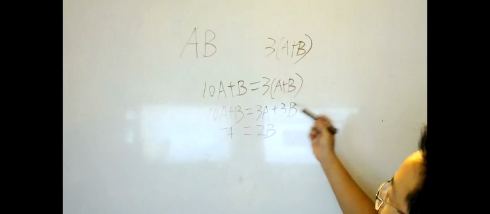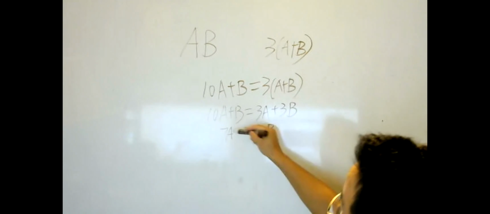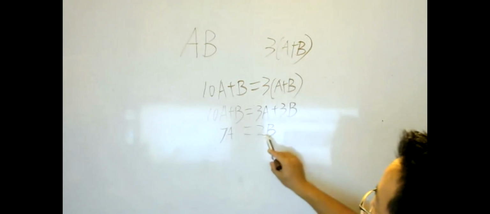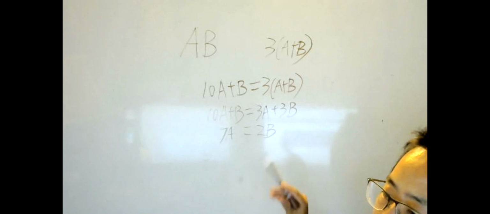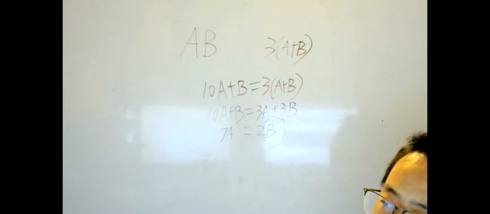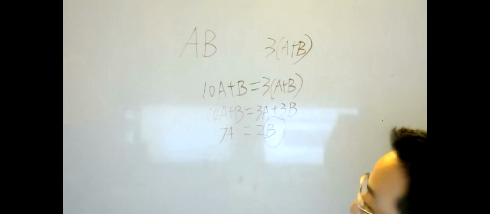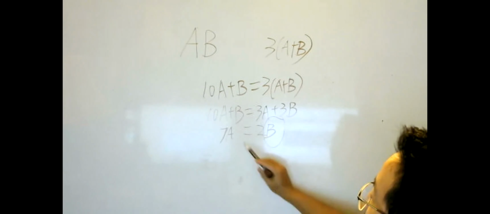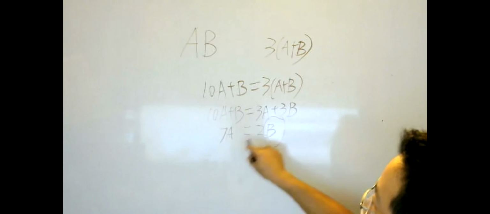Right, what does this mean mathematically here? 7a equals 2b. Anyone? It means b must be a multiple of 7. Yeah, thank you. Because 7a equals 2b, and then a must be a multiple of 2, right? That's just what it means.